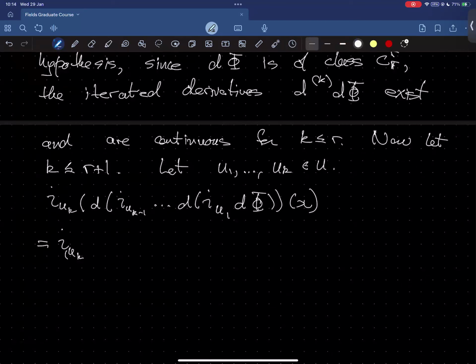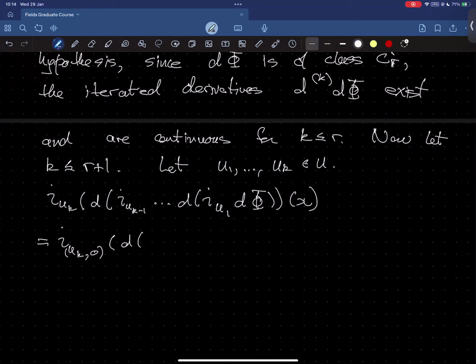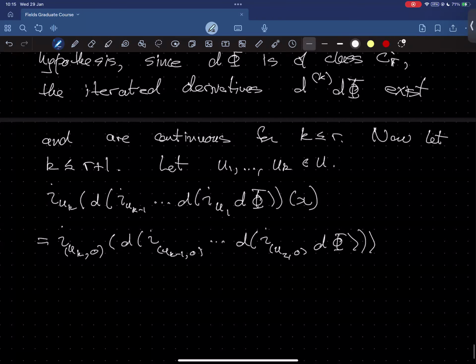This is D of (uk, 0), then D of (u(k-1), 0), and so on down to D of (u2, 0), then d phi, evaluated at (x, u1).